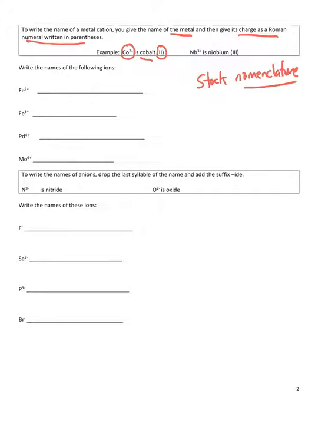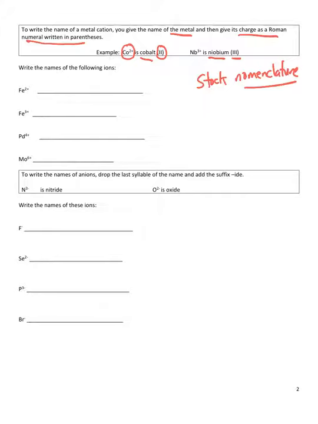The parenthesis is important. It's part of the name. So Co2+ is cobalt, parenthesis, Roman numeral II, close parenthesis. Nb3+ is niobium, Roman numeral III in parentheses.